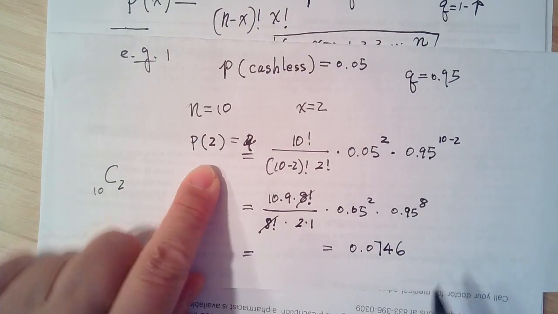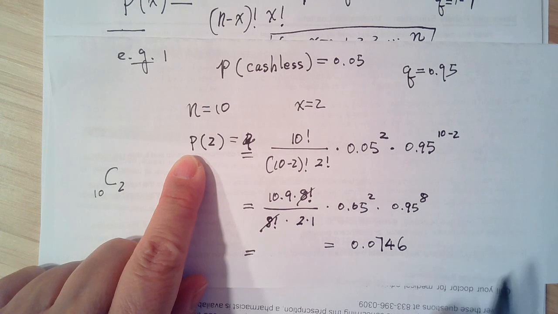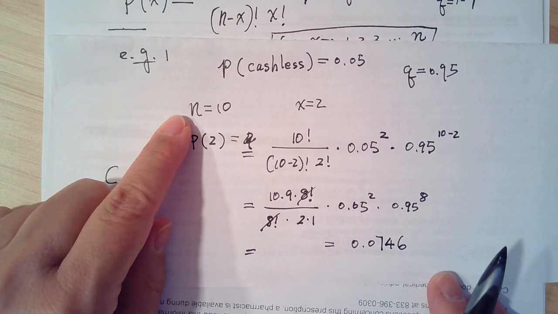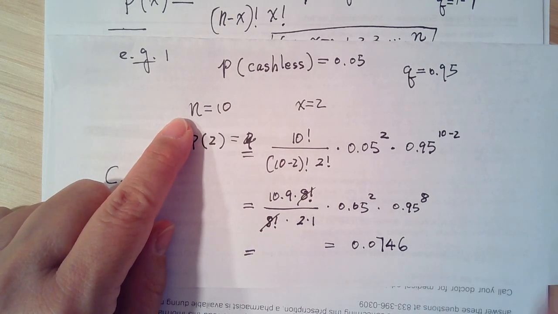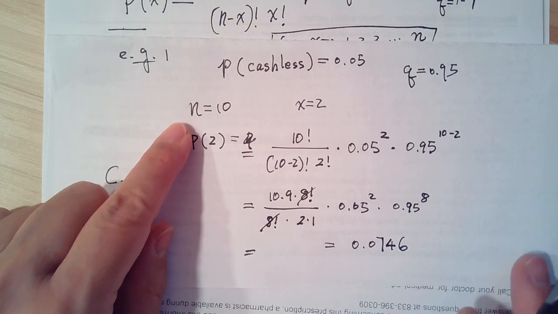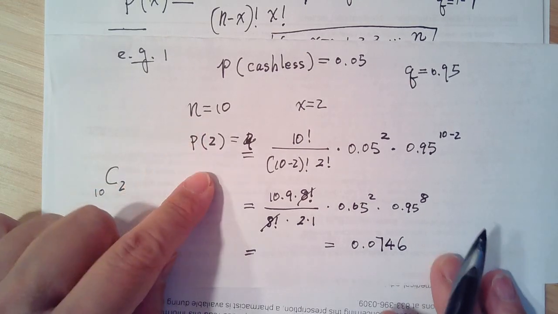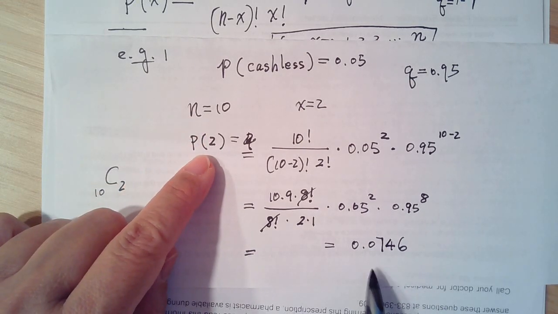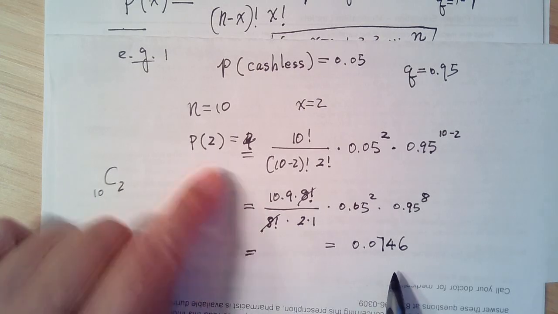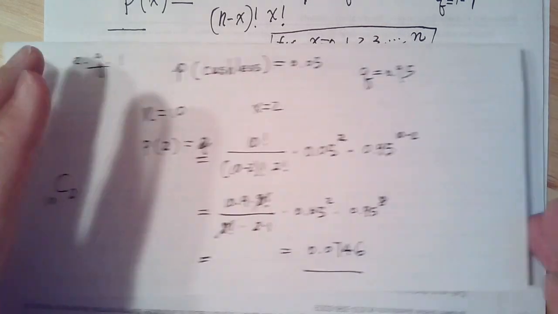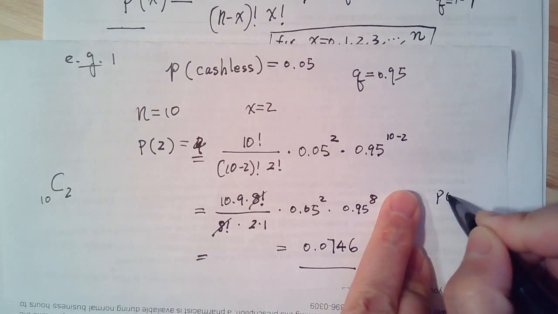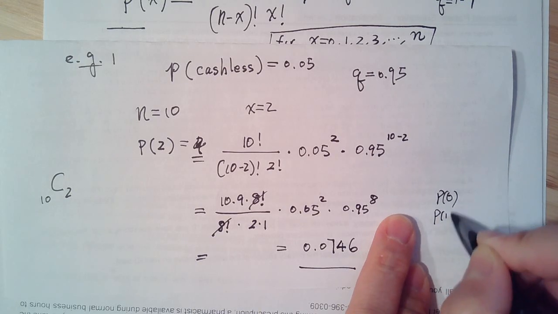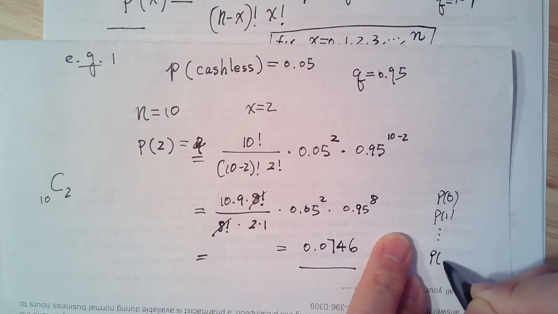So I get P of 2 is this. That means if you ask 10 persons with a smartphone, do you carry cash with you? The probability that exactly 2 of them are cashless is this. Can you find P of 0? Can you find P of 1 and all the way to P of 10?